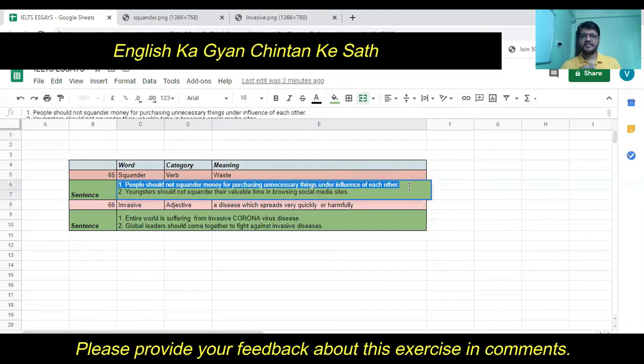Owing to that, sometimes people purchase so many unnecessary things just because others have bought those things, and they want to show that we can also buy these things.